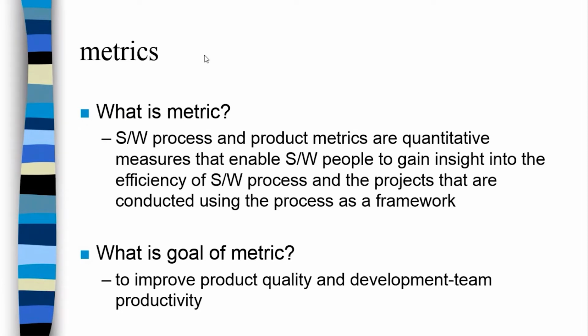Within the software development process, there are many metrics possible which are connected with each other. Software metrics are similar to the four functions of management, and that is planning, organization, control, and improvement.